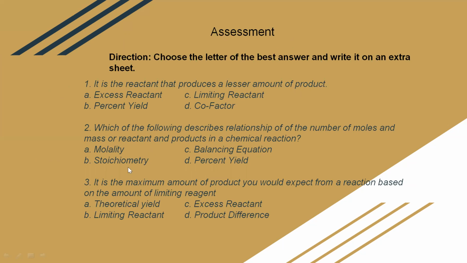A, molality. B, stoichiometry. C, balancing equation. D, percent yield. Number three, it is the maximum amount of the product you would expect from a reaction based on the amount of limiting reagent. A, theoretical yield. B, limiting reactant. C, excess reactant. D, product difference.